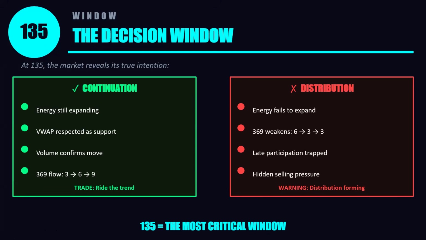You will not be confused, because many times price comes back down to the pivot line and we anticipate it will go up, but instead it starts coming below the pivot. So by the time window and the 369 energy flow, you get to know what is happening in the market and you become cautious. Also with the moving average crossovers, you get to know where to be on the trade or not to be on the trade. So 135 is the most critical window.